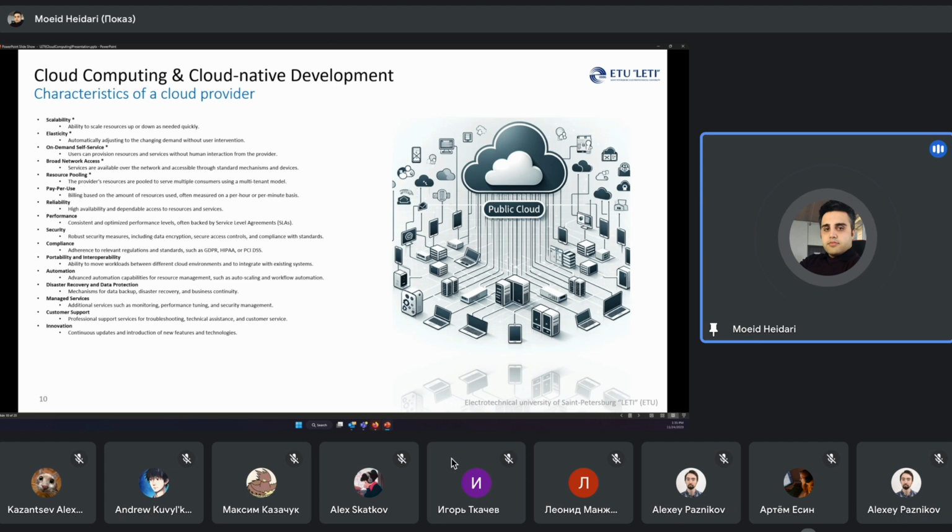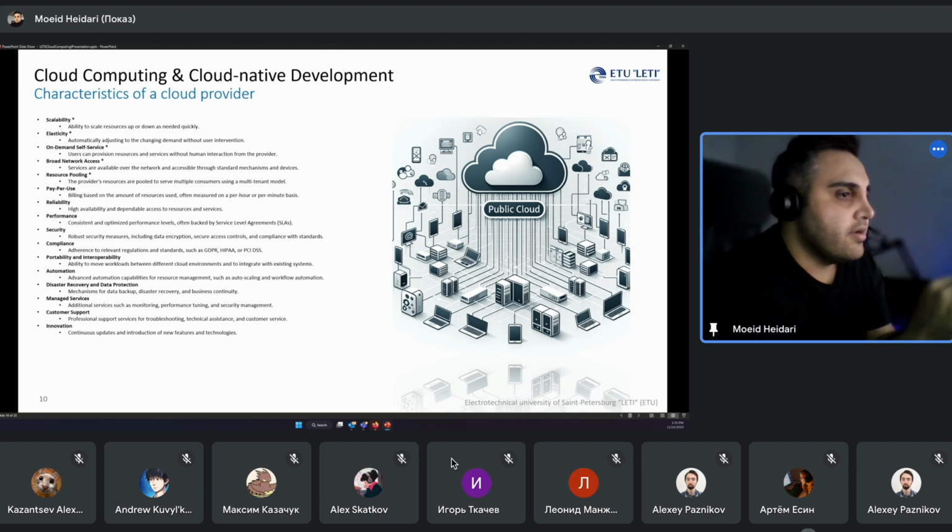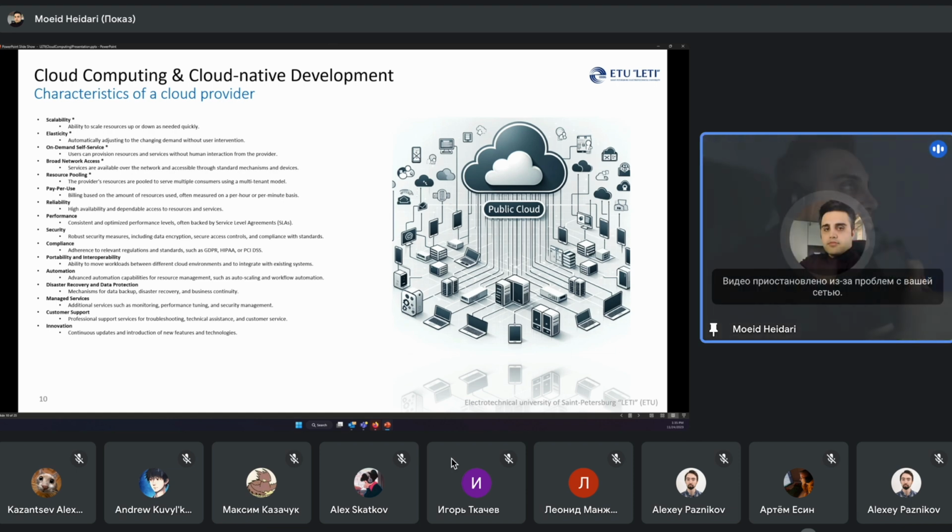That is why in most of the cloud providers like AWS, we see the word elastic at the beginning of the service names, like EC2, for example, Elastic Compute Cloud, or ECS, Elastic Container Service. As they claim in AWS, all of the services that they provide have a high degree of elasticity. It means that they are elastic.